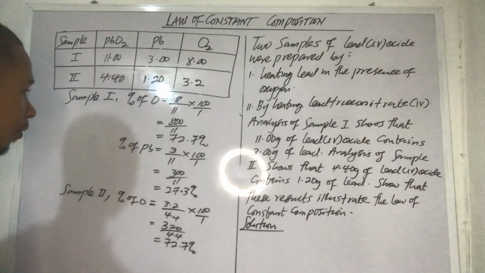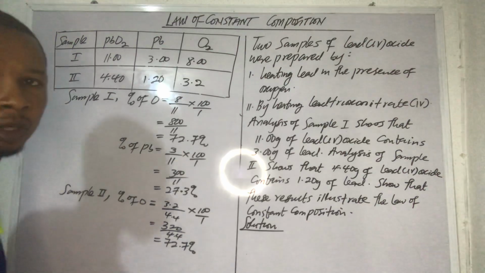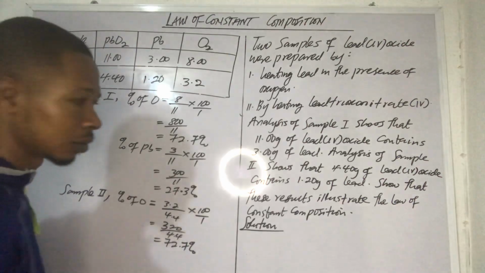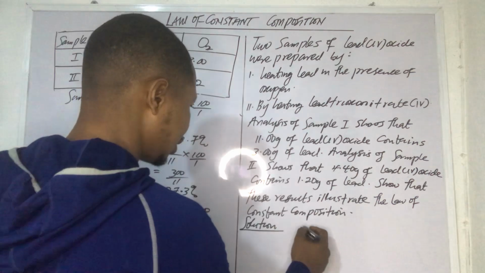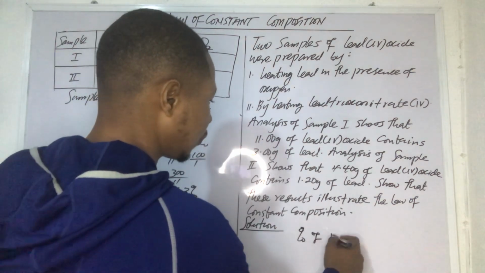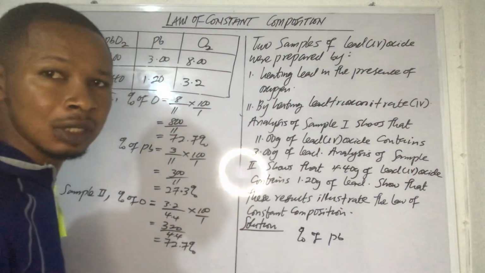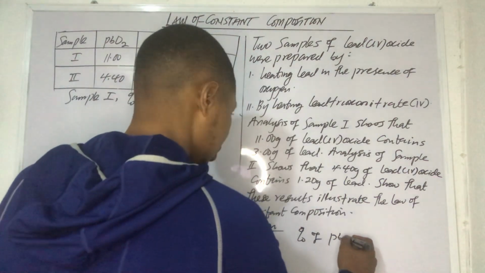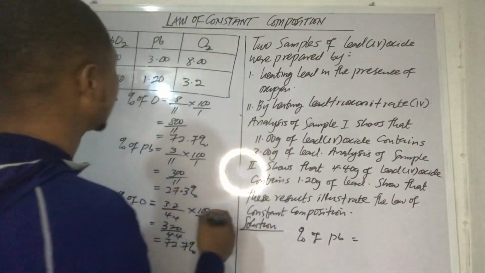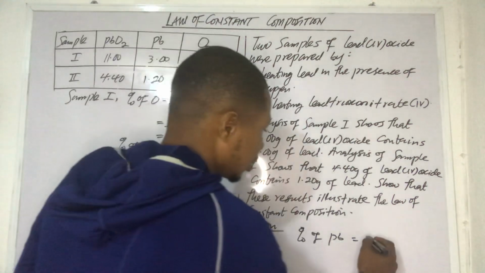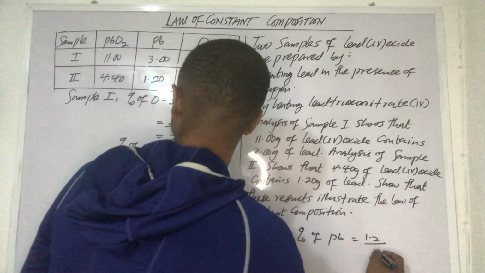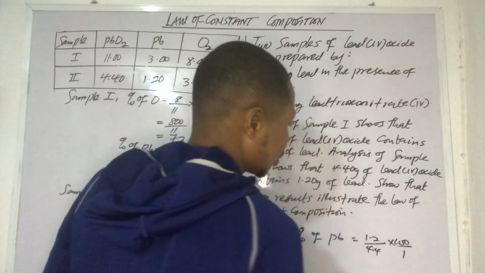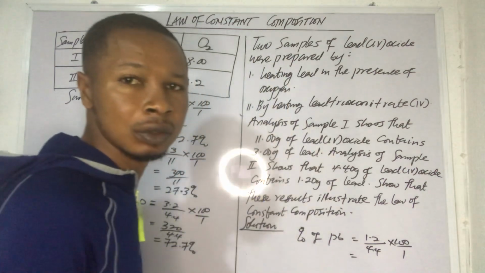Do the same thing for sample 2 for lead. Percentage of lead in sample 2 will be equal to the mass of lead, 1.2, over 4.4 times 100 over 1.